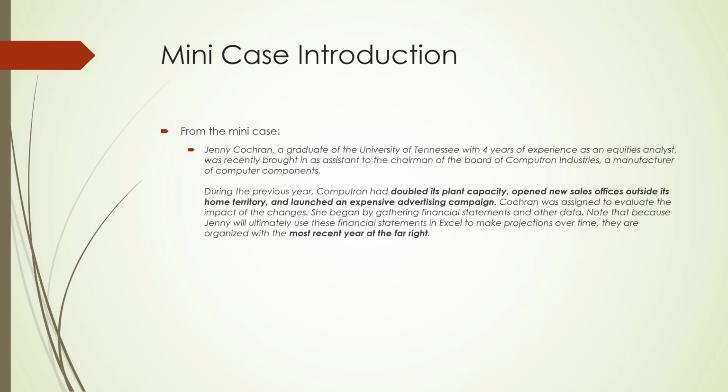Most recent year at the left is nice because it places the information that you're probably most interested in right next to the labels. Most recent year at the right is more useful for spreadsheets because then we can take our data and simply copy formulas off to the right. It's just a little bit easier way to do things.